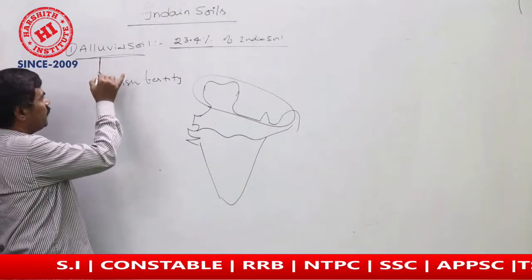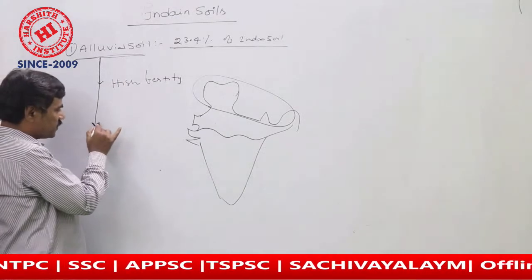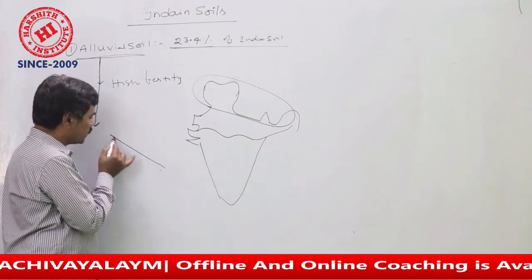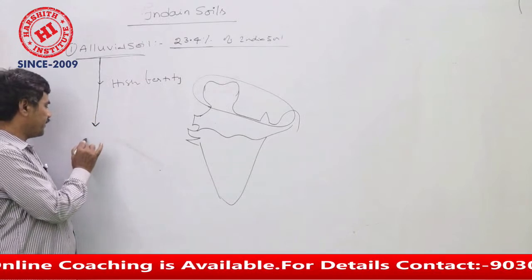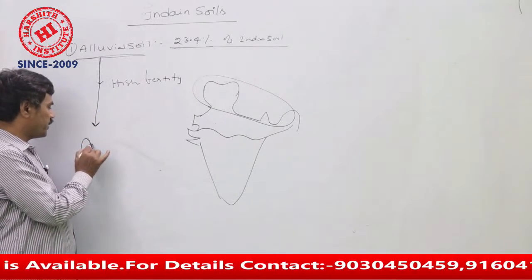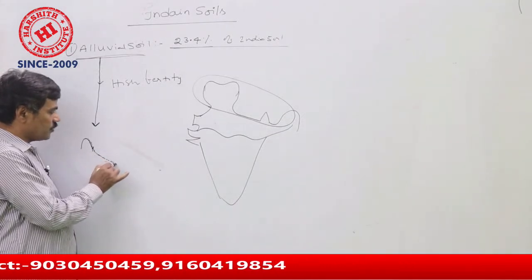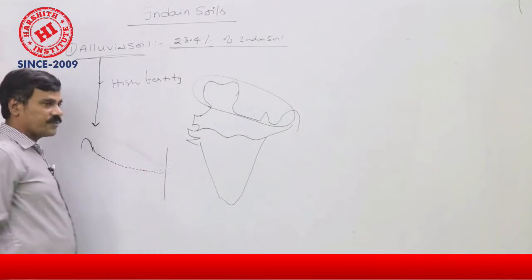Right. Alluvial soils are deposited on the surroundings of the river basin. Suppose a river takes birth from a mountain region like this. River water comes towards the low level areas and gradually passes towards one of the oceans.